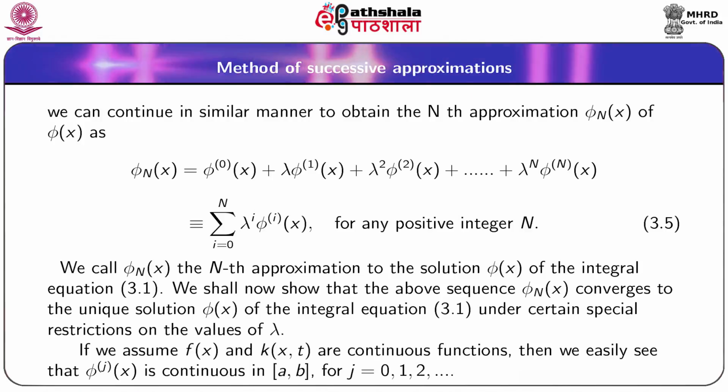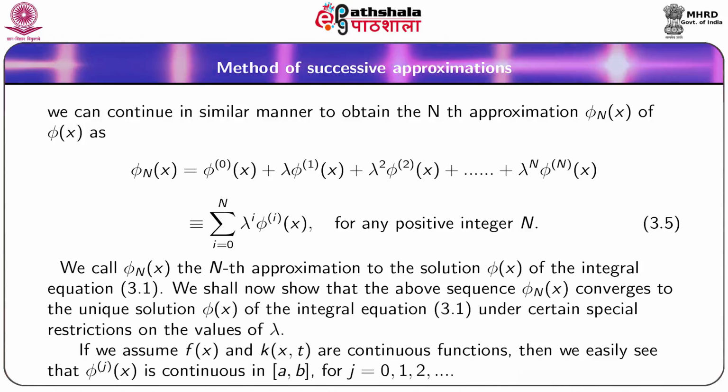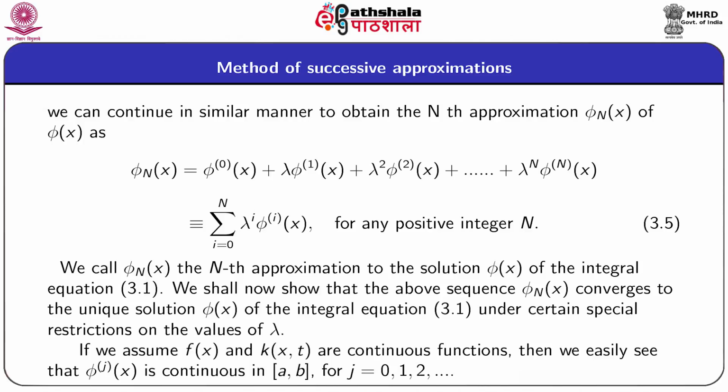And we say that phi capital N x is the nth approximation to the solution phi x of the integral equation, and we obtain phi capital N x as the sum given in equation 3.5.